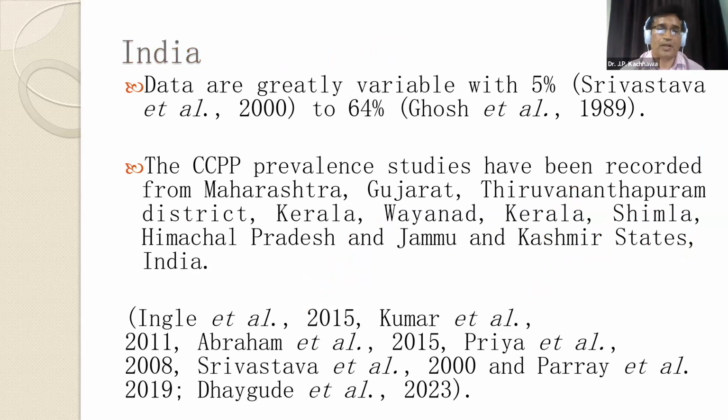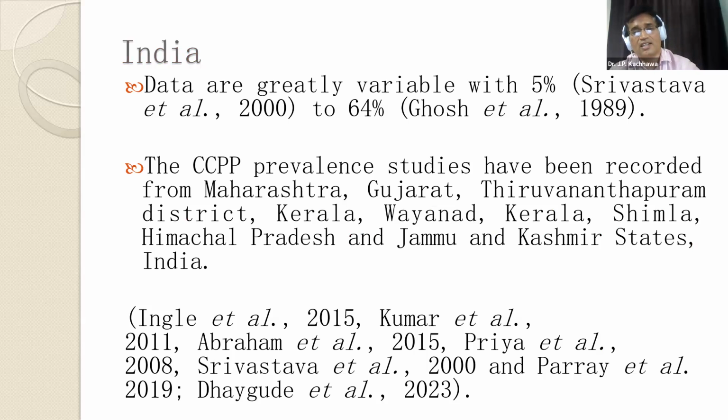The present scene of this disease in our country is highly variable. The prevalence rate is from 5% to 64%, as reported by different researchers.